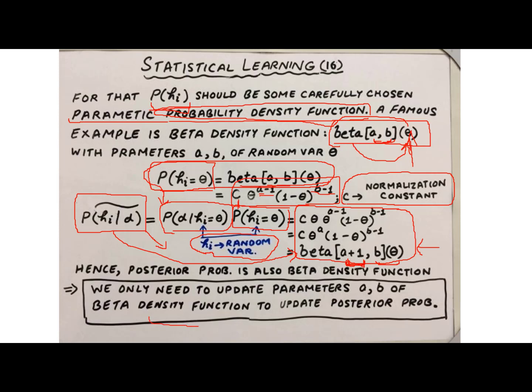So that is the whole message behind choosing the prior probability density function to have a special shape. And in this case, we don't have to drop the prior for simplification. Rather, we can keep the prior, and we can still have an efficient computation of the posterior probabilities, thanks to the beta density function in this case.